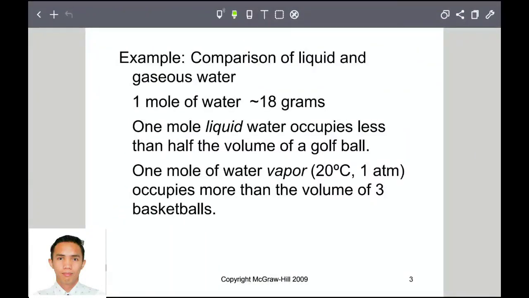Now, let's have an example about the comparison of liquid and gases using water. Think about 1 mole of water, which is 18 grams. According to this, 1 mole of liquid water occupies less than half the volume of a golf ball.